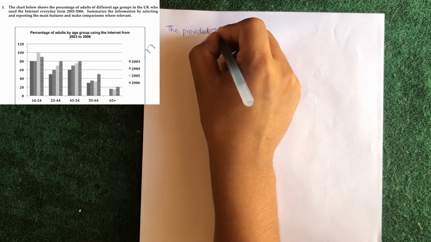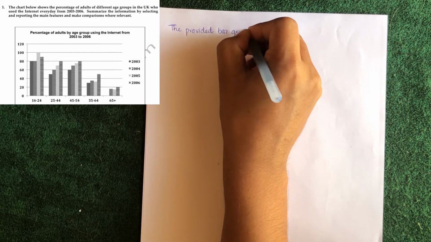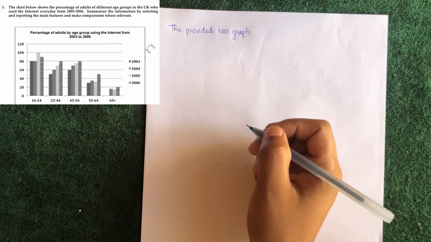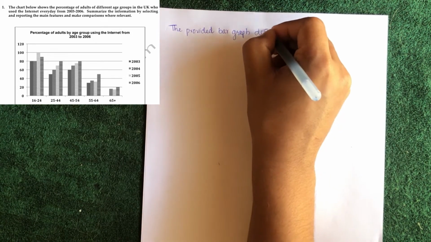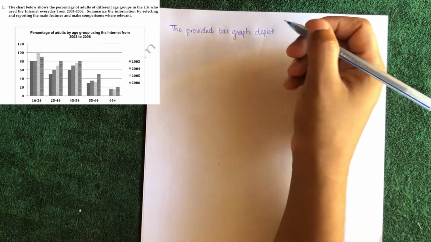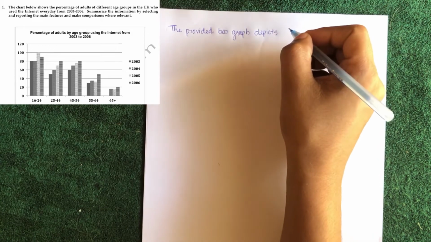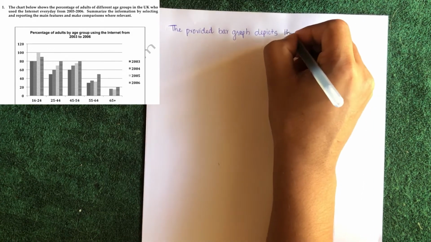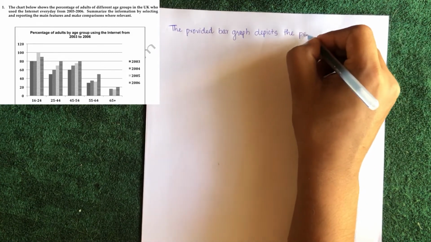What is this? This is a bar graph, right? The provided bar graph depicts. Instead of "shows" you can write "depicts". What is it showing? The percentage, isn't it?